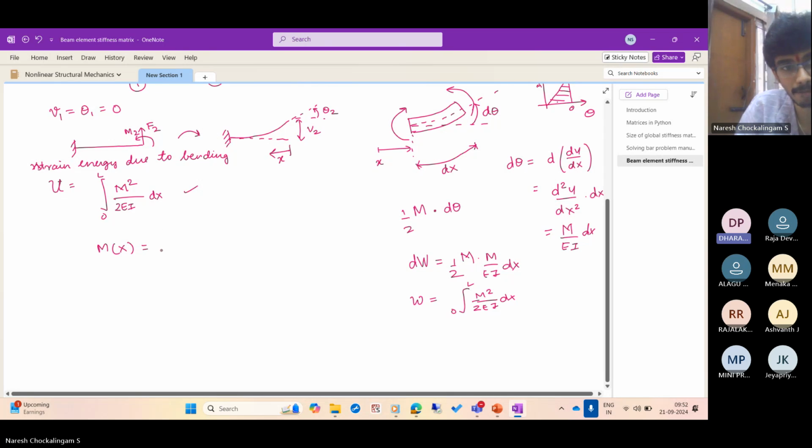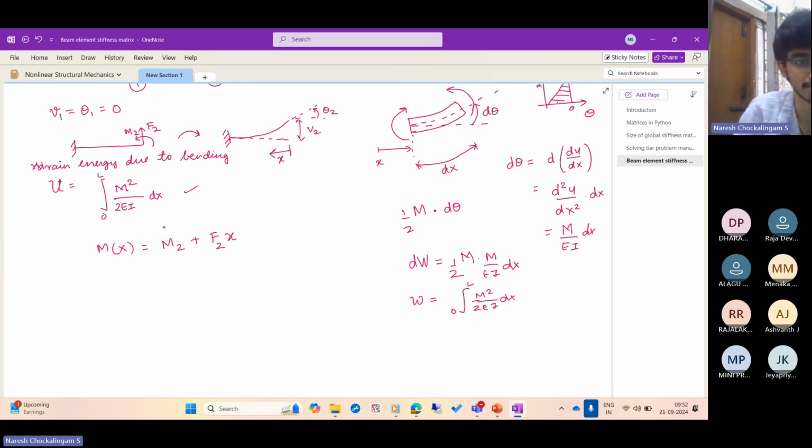F2x plus M2. M2 plus F2x. Yes, you'll have a plus or minus sign depending on which direction you take. But anyway, you're squaring it, so it doesn't matter. If you take sagging moments as positive, you'll get a plus. If you take hogging moments as positive, you'll get a minus multiplying the entire thing. But you're squaring it, so the sign doesn't matter.